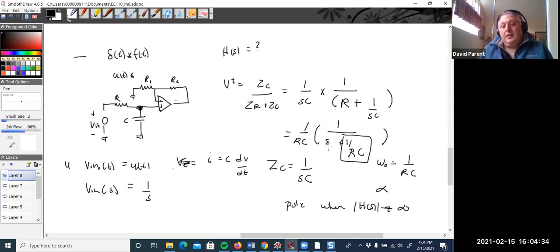So if s equals minus 1 over RC on the complex plane, this goes to infinity, which when you plot it looks like this, because you can come to that point from two different locations. And so that looks like a pole.